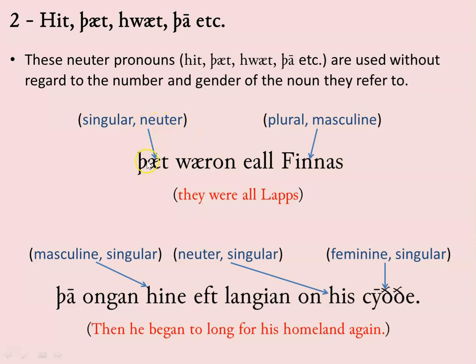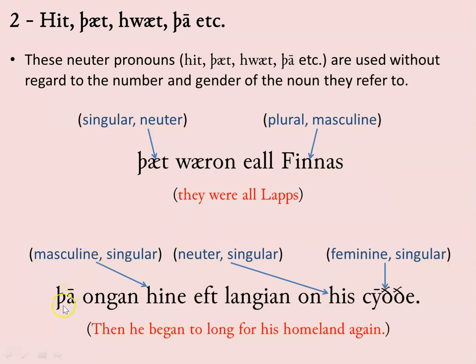Singular neuter, that, whereas the finis is plural and masculine. So they don't agree in number or gender. But you can only do that with the neuter pronouns. And we've seen a little bit of that before on the previous couple of slides.